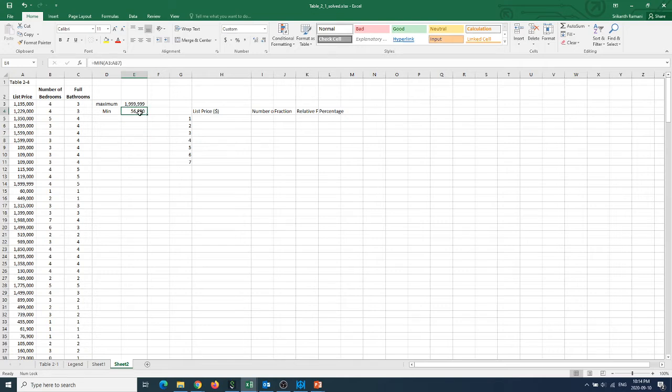So that's the cheapest shoebox, house, apartment, bachelor pad, whatever you could call it, parking space that you could find in this list of houses in Whistler, BC, and the most expensive is $2 million.